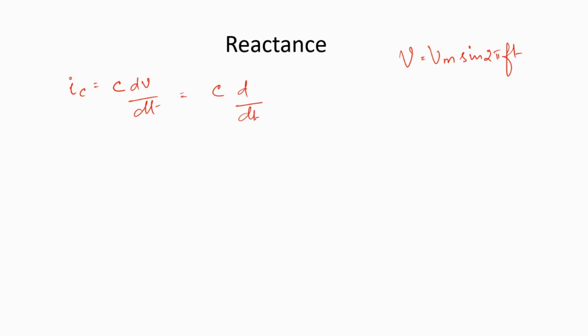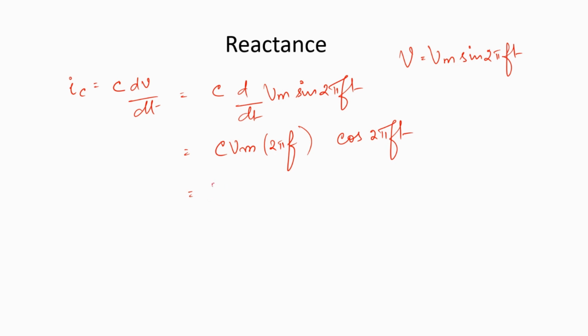We get d by dt Vm sine 2 pi ft and C Vm into 2 pi f. All this comes out, and what remains is going to be cos 2 pi ft. So I can write it as Vm into 2 pi f into C into sine of 2 pi ft plus 90. So this is the expression for my current through the capacitor.